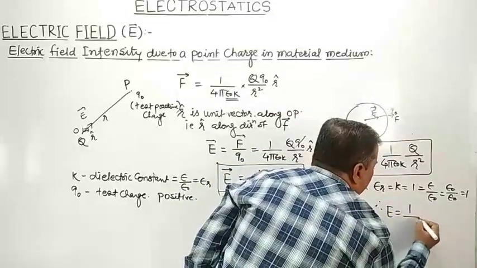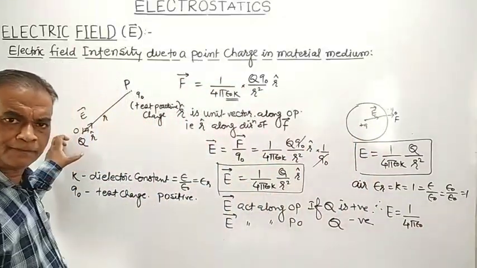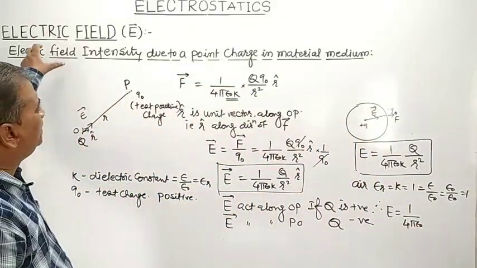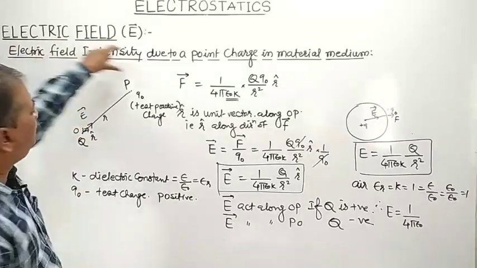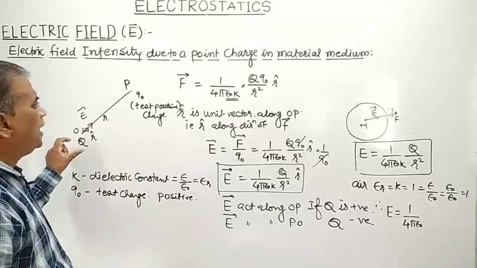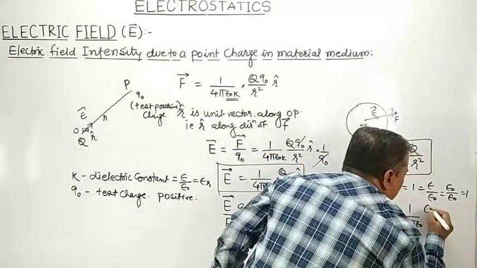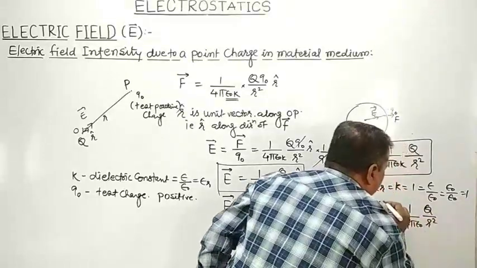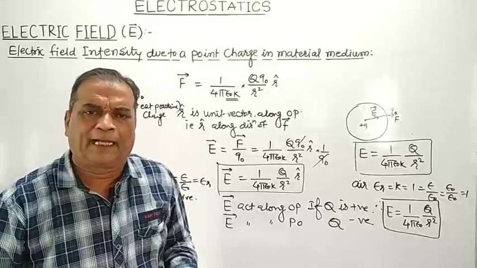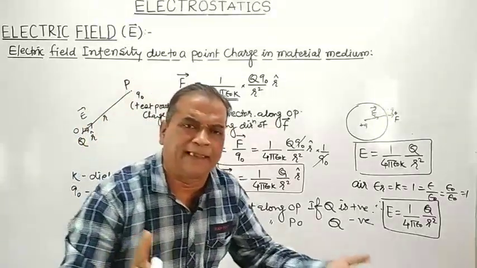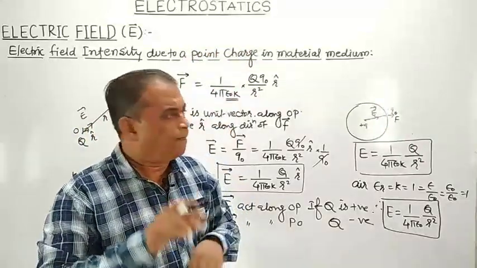Therefore, the electric field intensity due to a point charge Q in air is 1 upon 4 pi epsilon 0, Q divided by r square. This is the magnitude of electric field intensity due to a point charge in air.